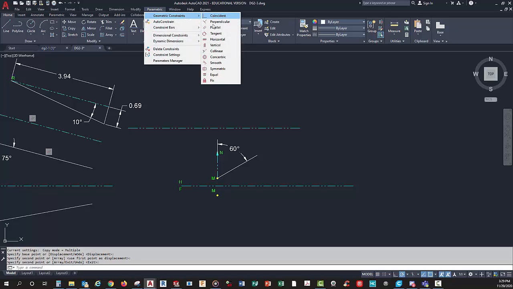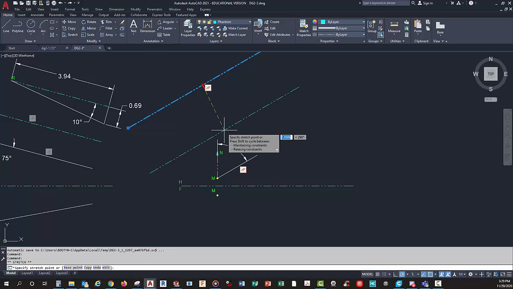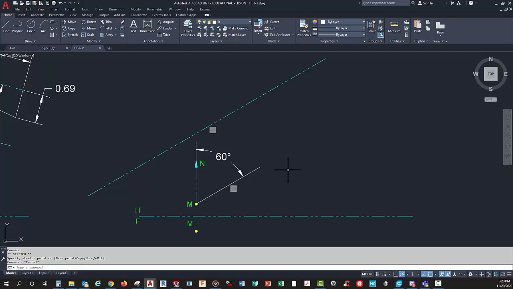Like I said, I like to cheat a little bit. It's not cheating, it's just making efficient use of my time. And I like to use the grips to do some work, and there we go. Okay, so now I need to go up here to draw. I need to go to Ray and center, perpendicular.